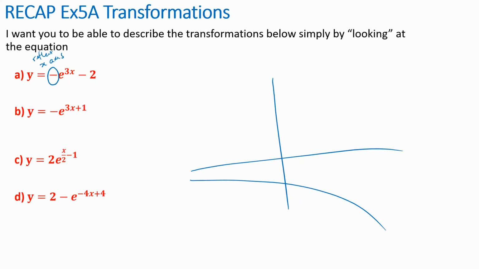Trent. You are getting thinner, but the language that you use matters. You're actually stretching this way, but technically it's compression, because it's times by a third, so it's a horizontal dilation, a horizontal stretch.